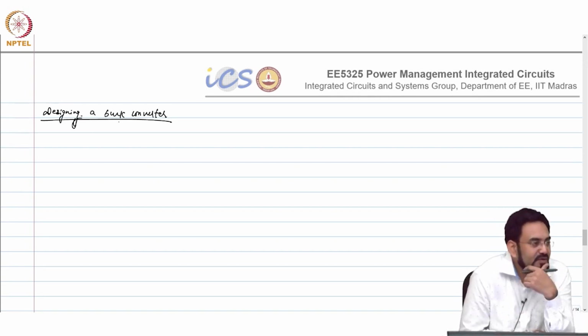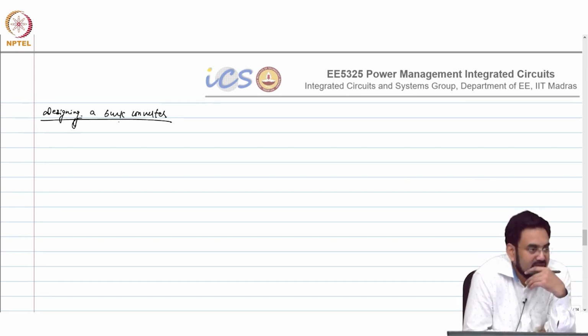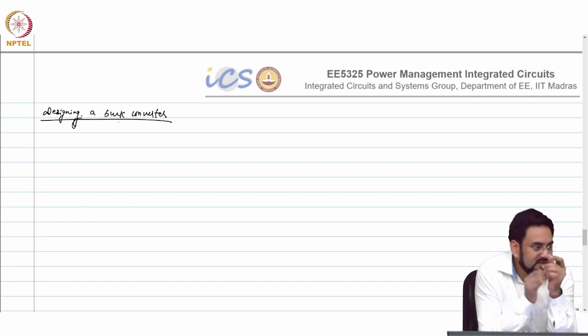So let us say I am given only Vin and Vout, nothing else. There are two things in the spec, you might be given switching frequency or you may not. Let us say somebody asks you, I want this Vin, and for this Vin I want these values of Vout. This is the range of Vin, this is the range of Vout. That's what I want.